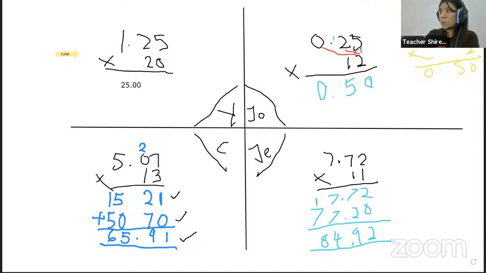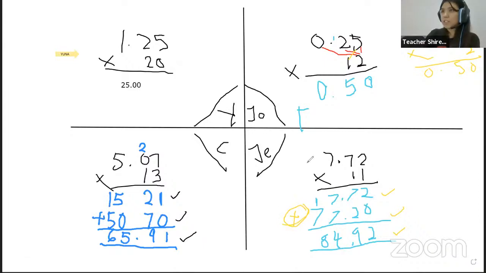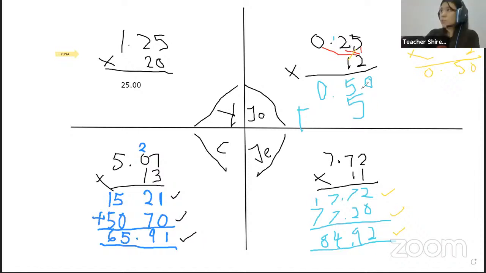Okay. So now, here 1 times 5, 5. So where should we write the 5? Jensen, you're just missing the plus, that's all. Where do you write the 5? Right here, where? Did you write it? Yes, that's right. Good. 1 times 2, 2.